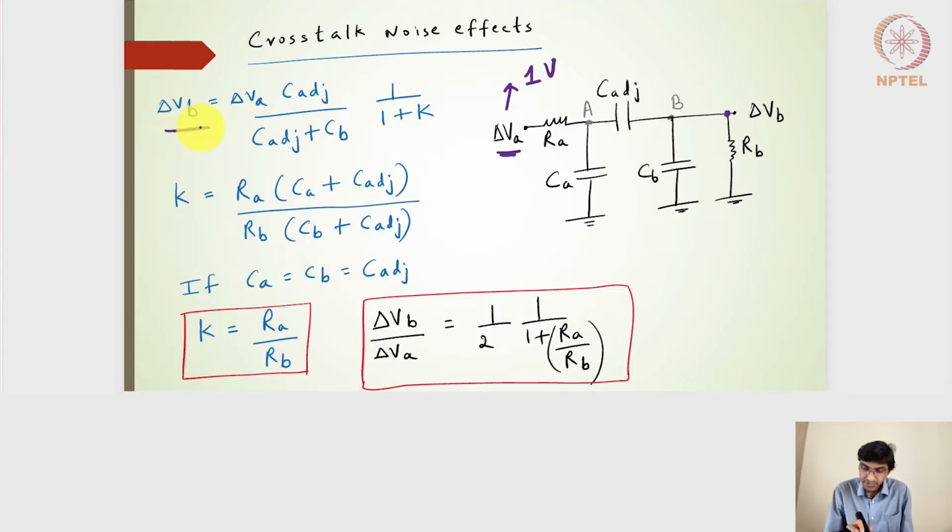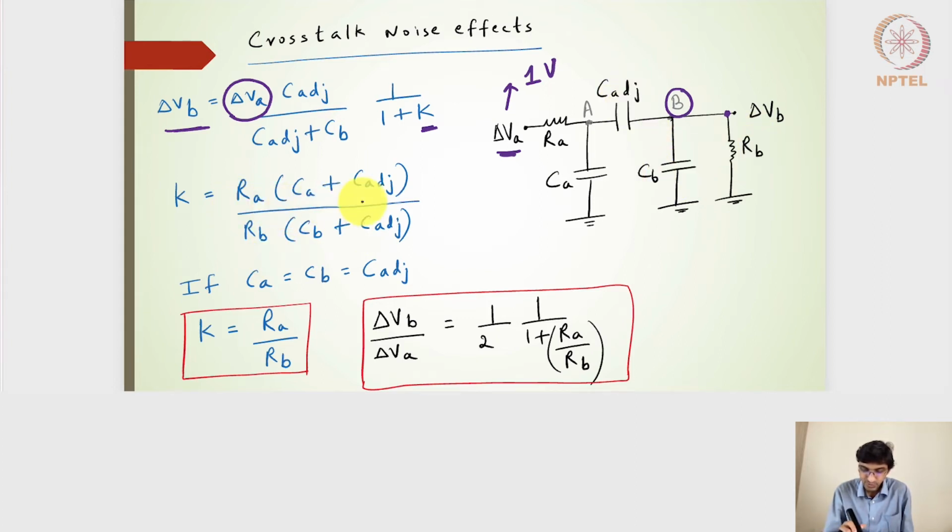So delta VB, the change in the B node, is the victim node, and the aggressor is the A wire, the victim is the B wire. The change in the voltage at the node B can be seen as the change in the voltage at A multiplied by C adjacent divided by C adjacent plus CB, and then multiplied by 1 plus K, where K is nothing but RA multiplied by CA and C adjacent divided by RB multiplied by CB and C adjacent.